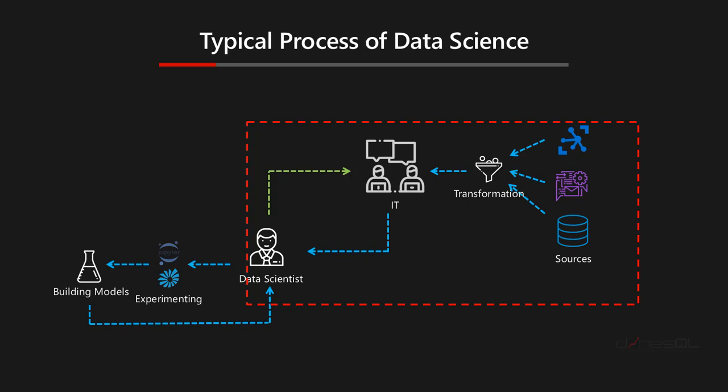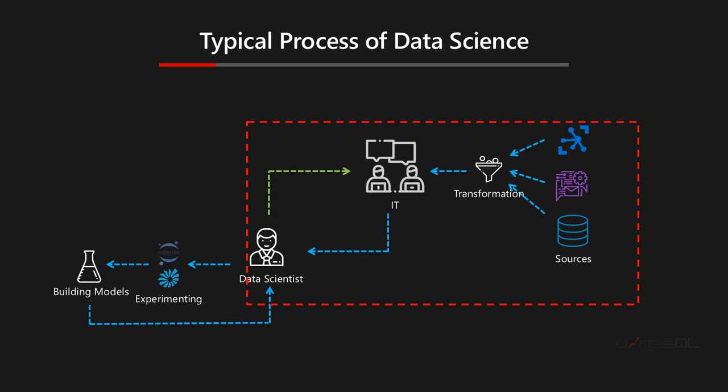If it is the same request, for example, let's say initially the data scientist requests data related to sales and the sales data has to be extracted only from one source, one table, then we don't need to consider it as an overhead because the IT department has code written for the previous request.